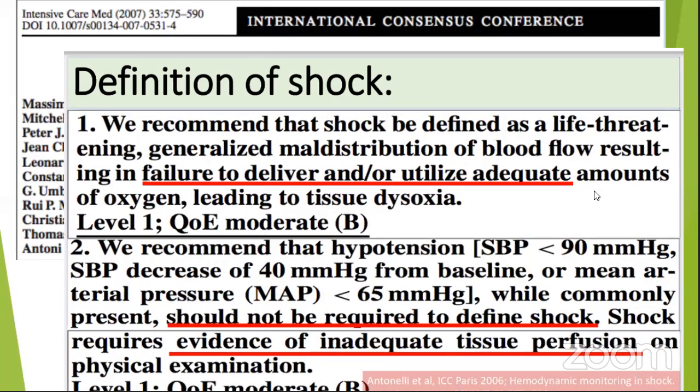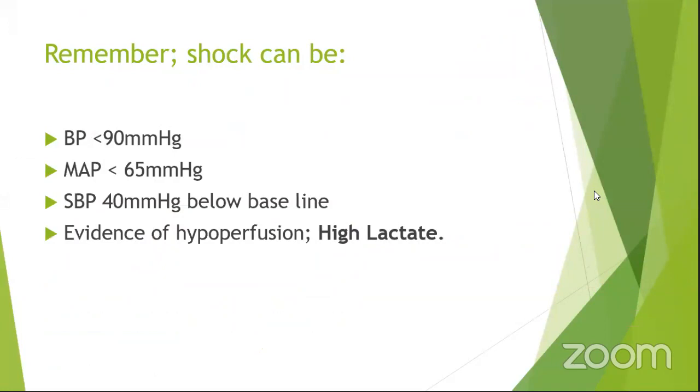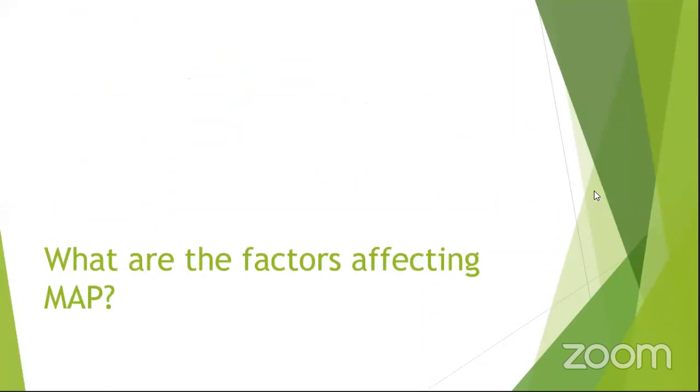So the definition of shock, as we mentioned, is evidence of hypoperfusion, in addition to systolic blood pressure less than 90, or a decrease of more than 40 from the baseline, or MAP less than 65. This is what we have to remember.